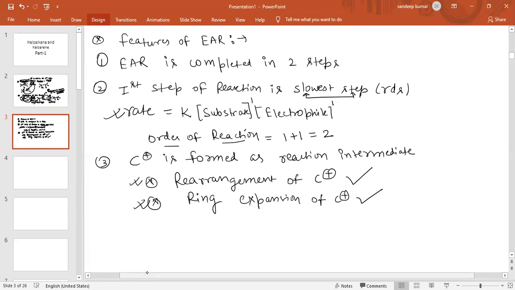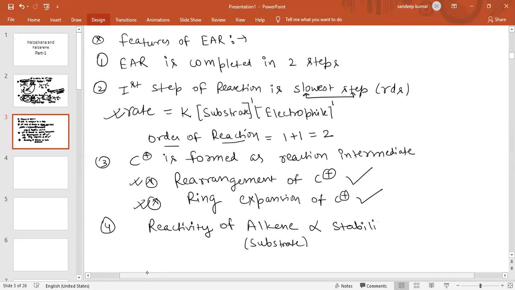In the next point we can also discuss the reactivity, basically the reactivity of alkene, which is the substrate. The reactivity of alkene is directly proportional to the stability of carbocation.